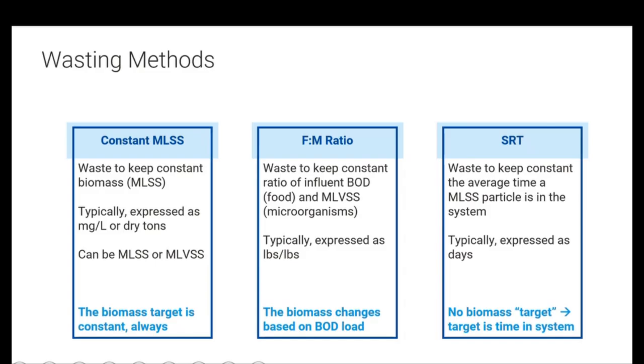It'll vary depending on load, so our biomass in the system varies depending on our load. Those are the different ways to waste, and in the last training we talked about F to M and SRT, the two main ones.